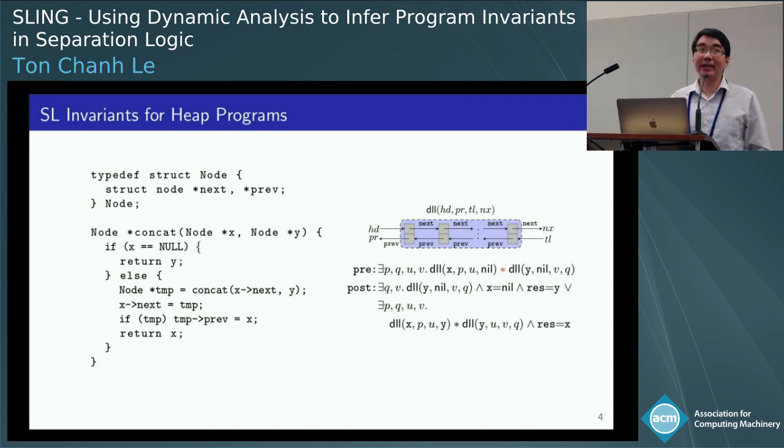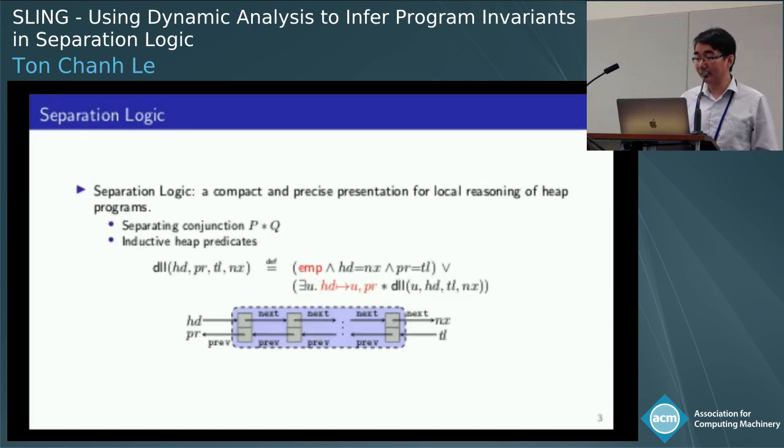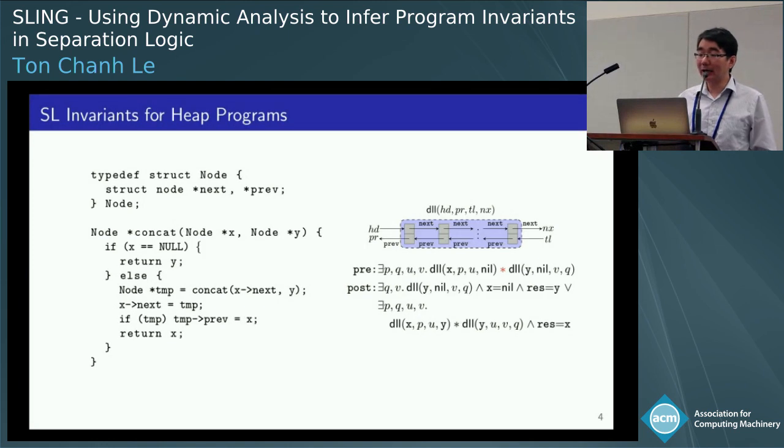This specification is non-trivial. For example, it uses the separating conjunction in the precondition to denote the disjointness between the two inputs, doubly linked lists X and Y, to avoid a possible cycle in the result.